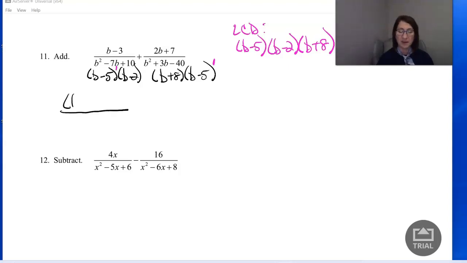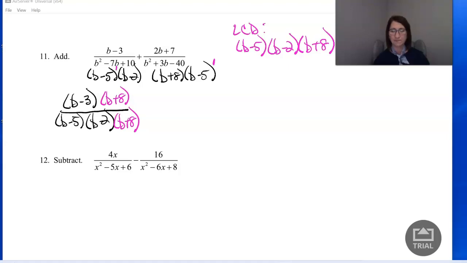That's going to be b minus 3 over b minus 5 and b minus 2. When I compare that denominator to my LCD, I see that the b plus 8 is missing. So I'm going to multiply both the top and the bottom by b plus 8.